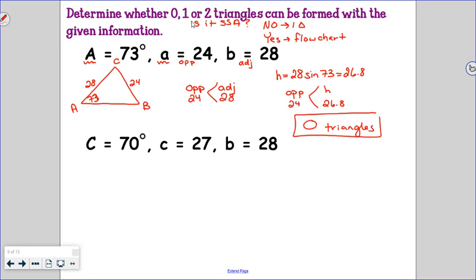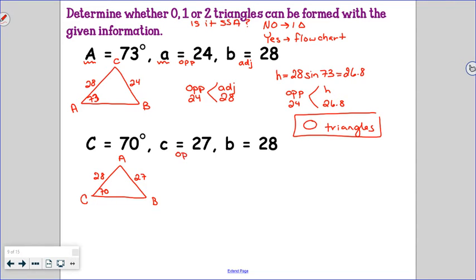Okay, let's look at the next one. Again, I would start by drawing myself a picture of what's going on. Angle C is 70 degrees. Little c, which is across from that, is 27, whatever units that is. And we go through the whole question: is it side-side-angle or not? Based on where those fall, yes. So that means we start comparing.